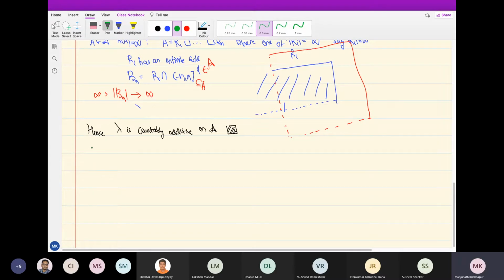Okay, so from here, what do we get? We get the conclusion. Hence, L_d star, the collection of sets satisfying the Carathéodory condition, is the collection of measurable sets.